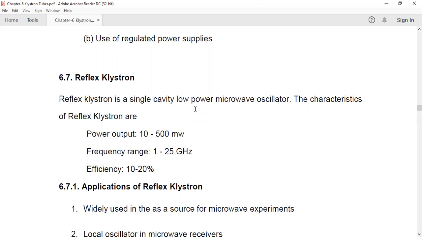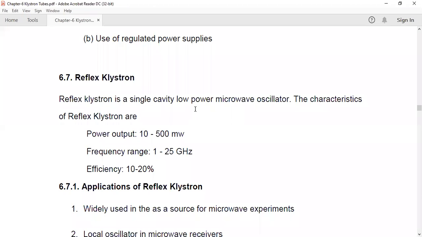The theoretical efficiency of this is 22.8%, whereas the efficiency of the two cavity klystron is 58.2%.